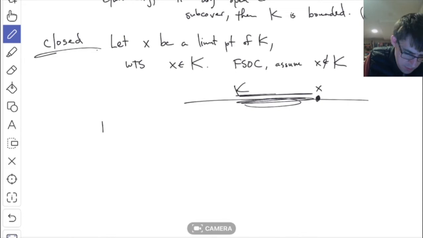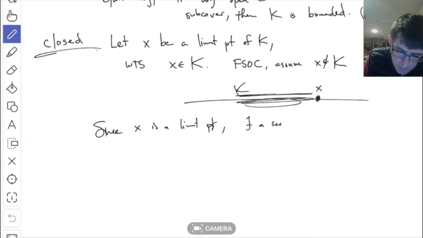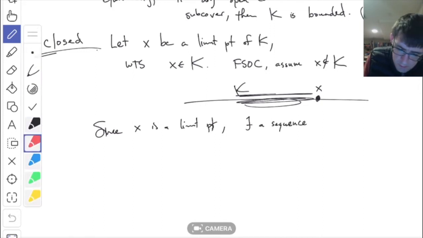So since X is a limit point, there exists a sequence. On the picture, a sequence of points sort of like this. These points are in K and they approach X. That's what it means to be a limit point, or that was a theorem at least we had.